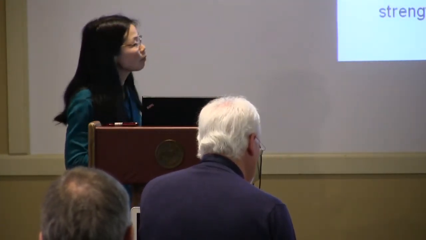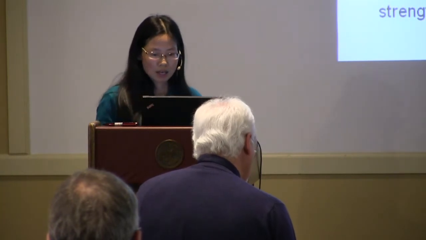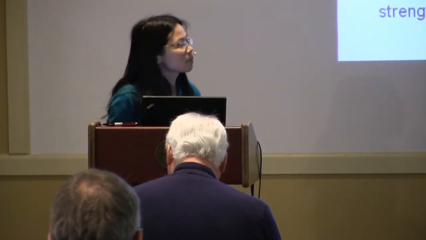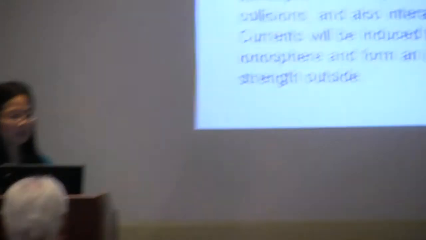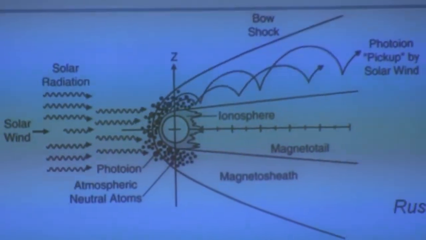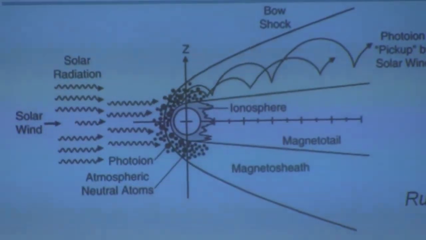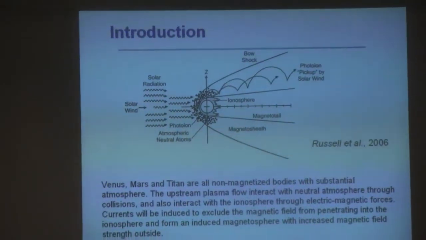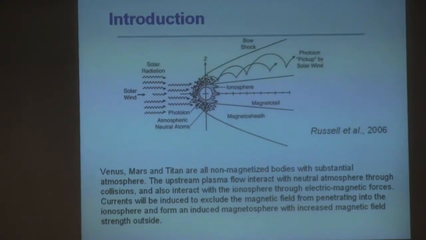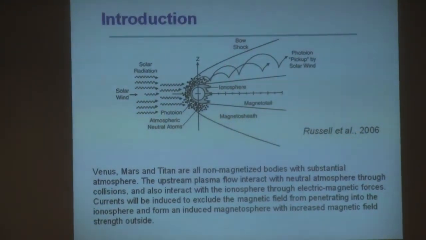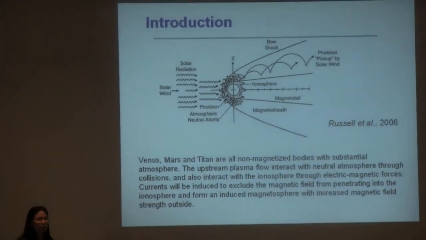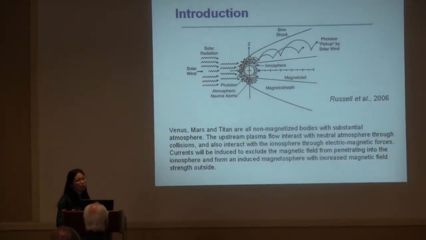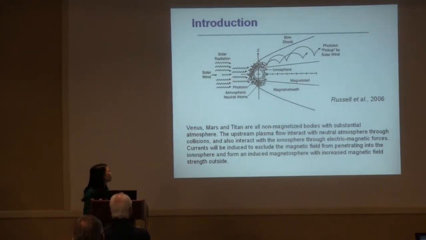So you've seen this plot several times. Venus, Mars, and Titan are all non-magnetized bodies with a substantial atmosphere. The main thing that I want to re-emphasize here is that the interaction region happens very close to the obstacle. So the upstream plasma flow would interact in a much more direct way with both the neutral atmosphere and the ionosphere.